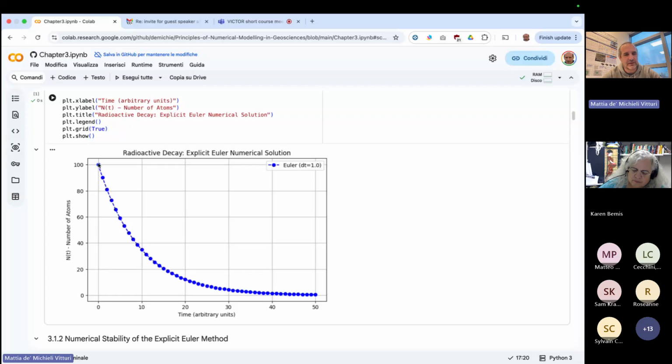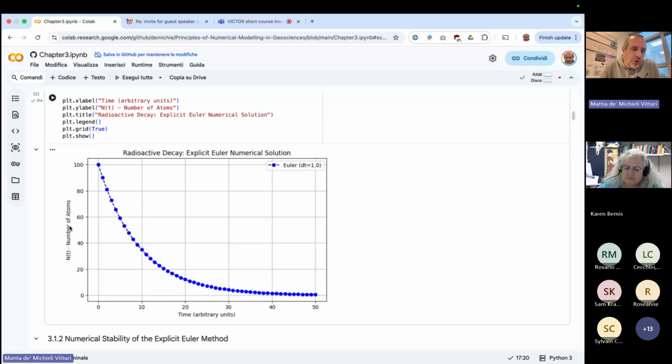It will always give this exponential decay, or there could be some problem? Okay. Probably the number of time steps, it will be sufficient or not to reach the same result.